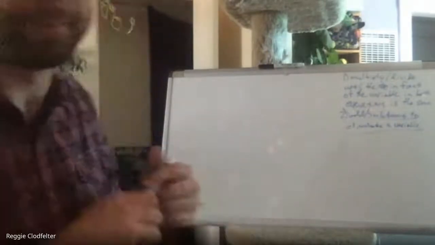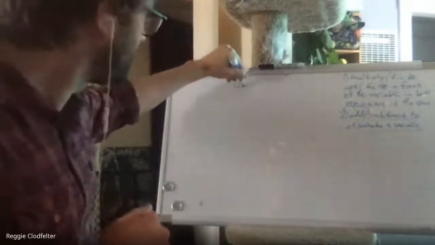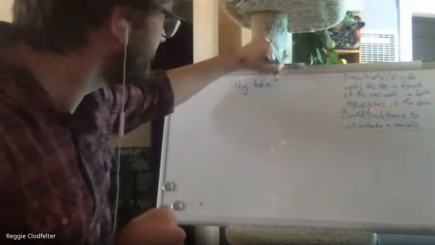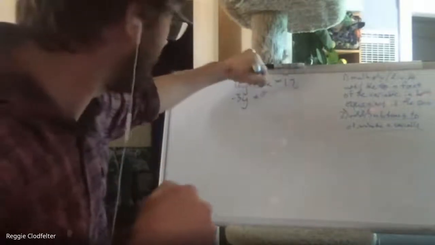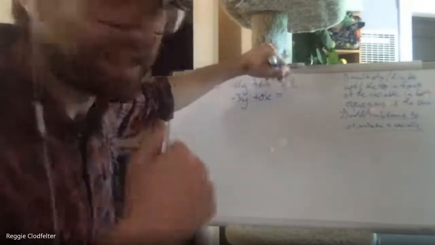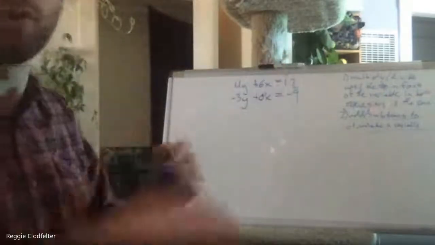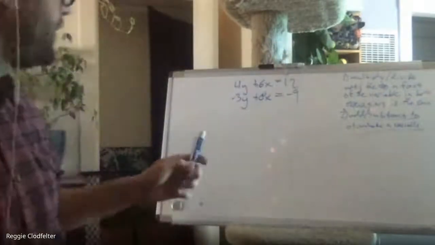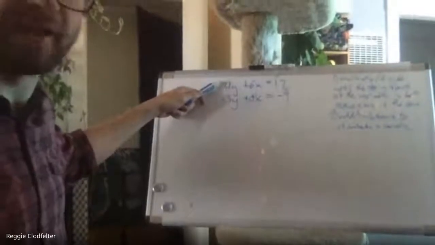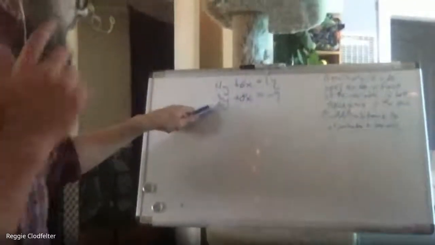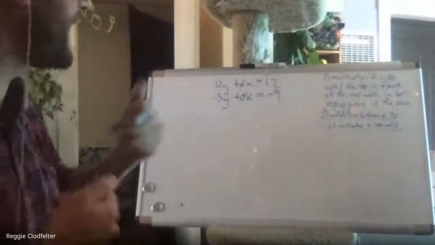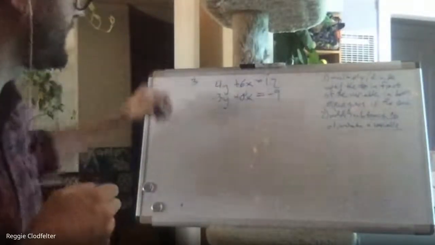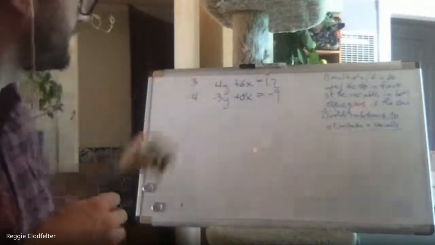So 3C: 4y plus 6x equals 12, and -3y plus 8x equals -9. I'm going to do this differently than Kainoa did it this time. Kainoa wanted to make the 4y and the -3y both into 12y so that they were equivalent, so he multiplied the top equation by 3 and the bottom one by -4.